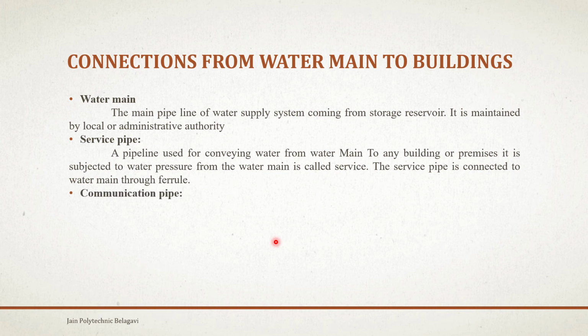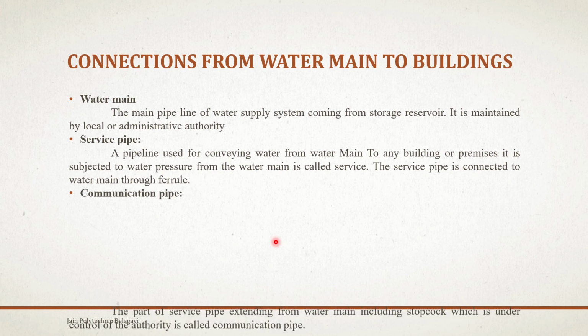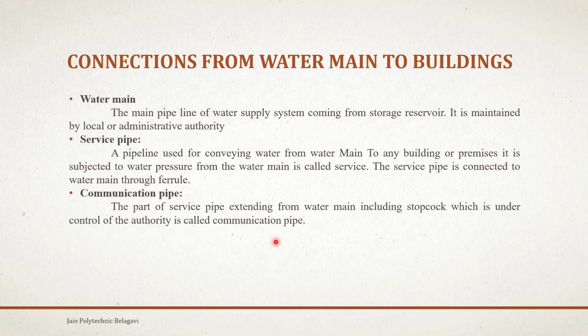Next, we will be having the communication pipes. These pipes are the part of the service pipe extending from the water main. This includes the gooseneck and stopcock, and it is under the control of the authority or some local bodies.